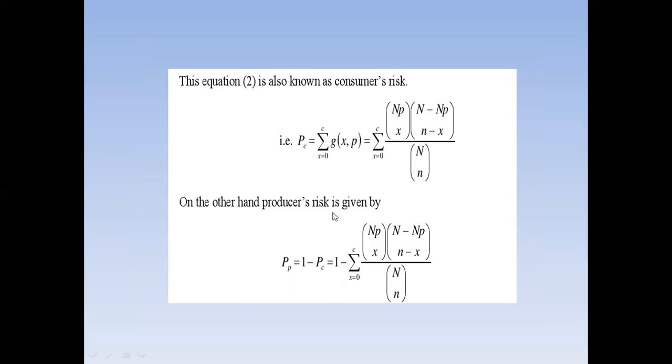On the other hand, producer's risk is given by 1 minus P C. So 1 minus consumer's risk is equal to producer's risk.